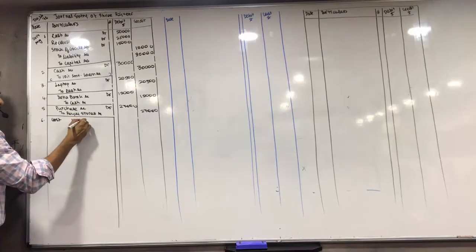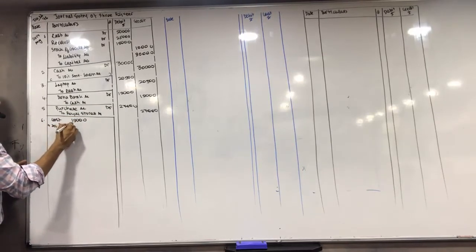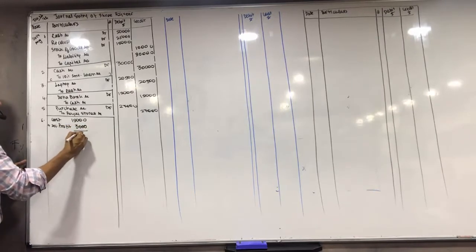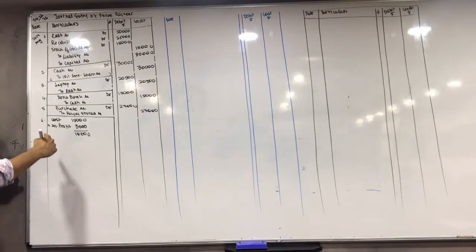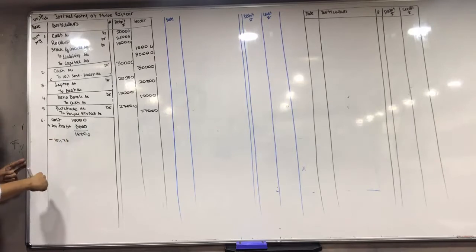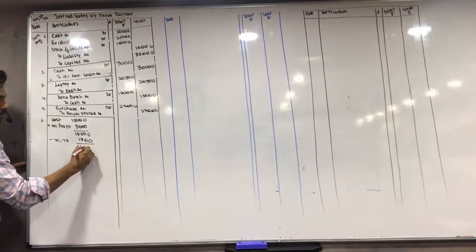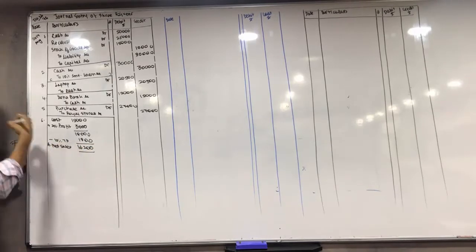Cost is 15,000 plus 20% profit that is 3,000, so we sell at 18,000. But when we are selling we are further giving 10% trade discount, 1,800. So how much worth of goods we have sold? 16,200 is your net sales value.